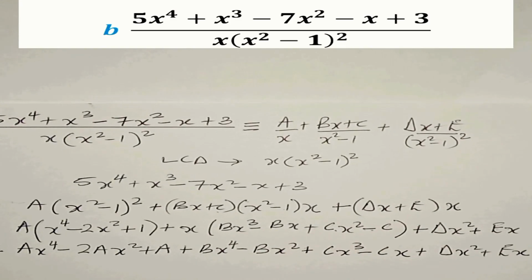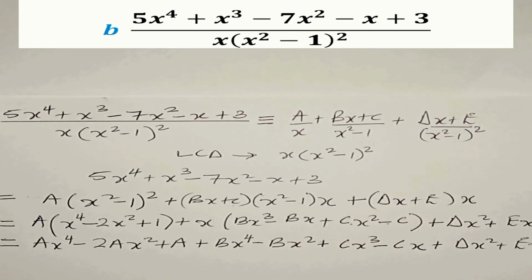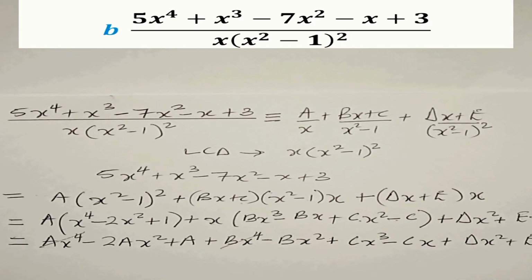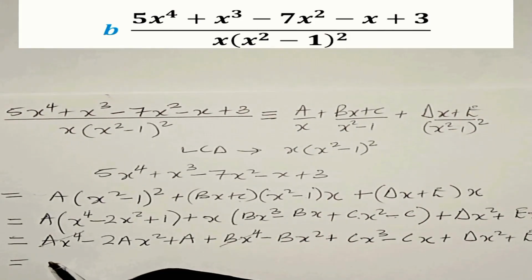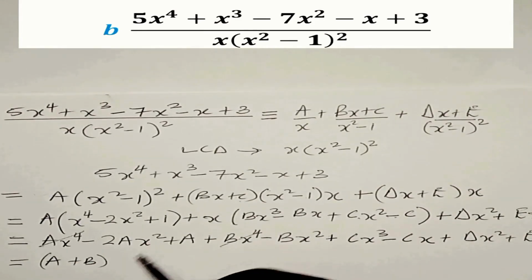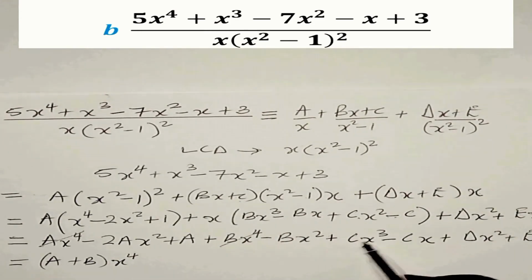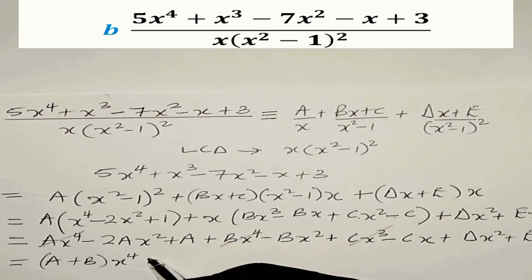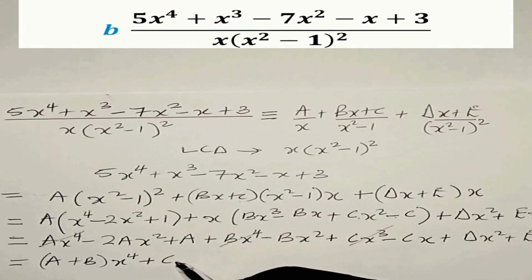Now let's collect the like terms and factorize. Let's begin by collecting the terms with x to the power of 4. We take this one and that. Then we say a plus b are the coefficients of x to the power of 4. And we only have one term with x to the power of 3, that is plus cx to the power of 3.